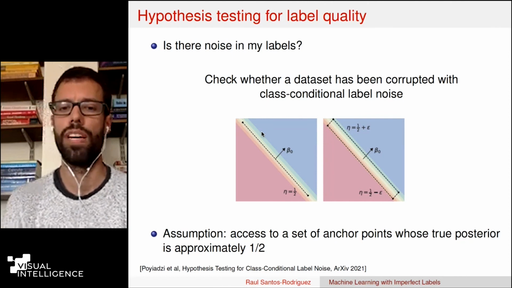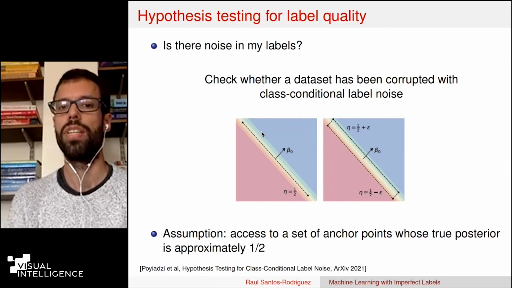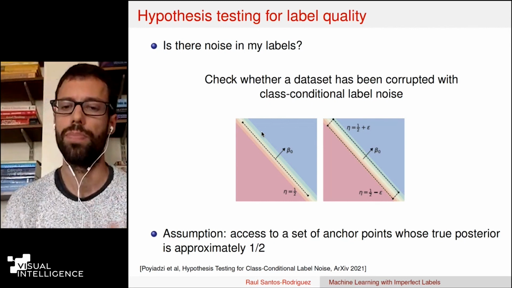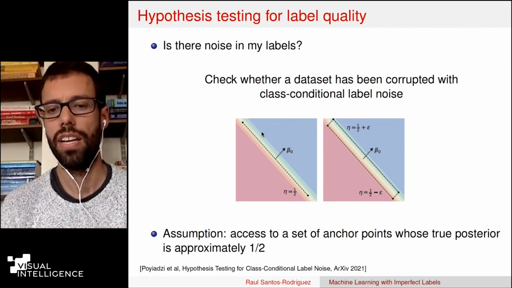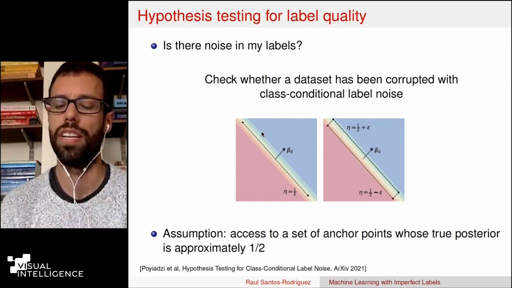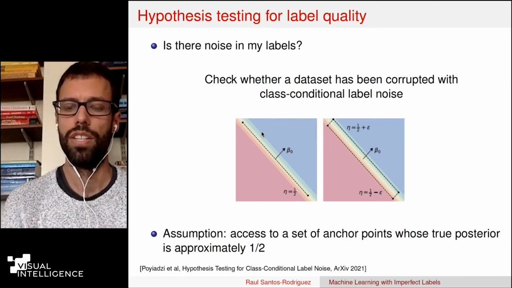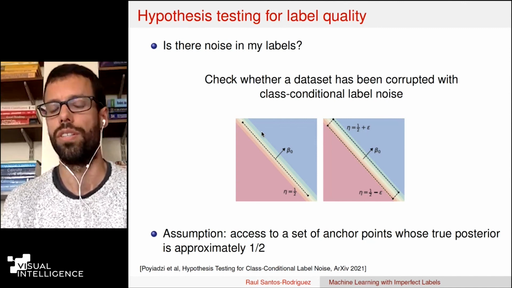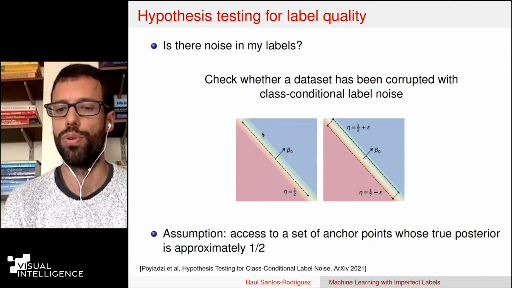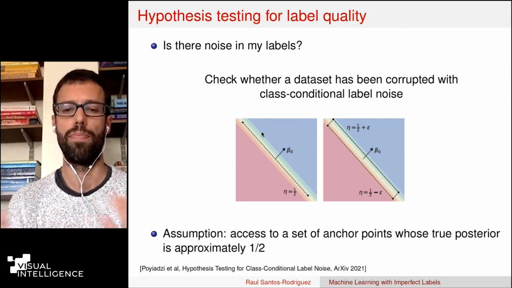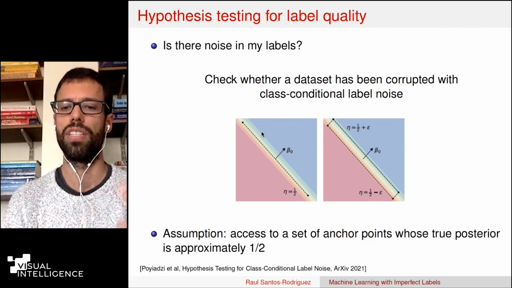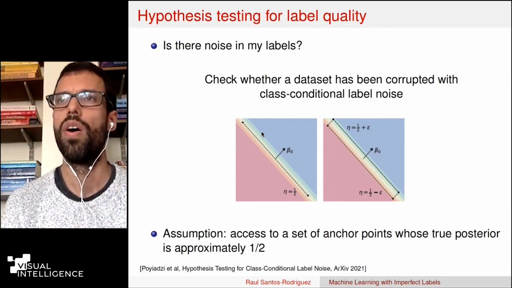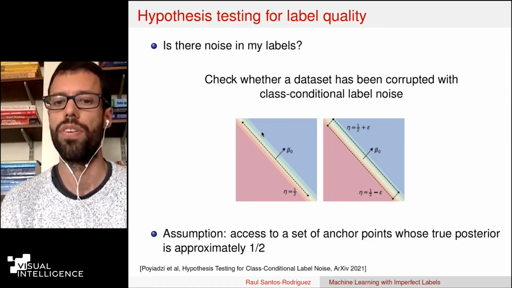So what we do is that we design hypothesis tests to assess label quality. And the way that we do that is basically the same as in the explainers that I was mentioning before. So we assume, because we always still have to make an assumption, that we have some information about what's true. So in the previous slides, at some point I said we might have some information about clean labels. In here, I'm assuming that we have some information about the posterior.